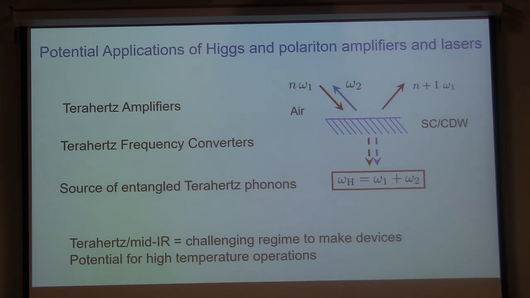The terahertz is an extremely hard range of frequencies to work in, and maybe now we can hopefully use these techniques for getting devices such as frequency converters, amplifiers, maybe even for applications in quantum computing, since this kind of Higgs amplifier is generating entangled pairs of phonons. Okay, so I think I'll just stop here.